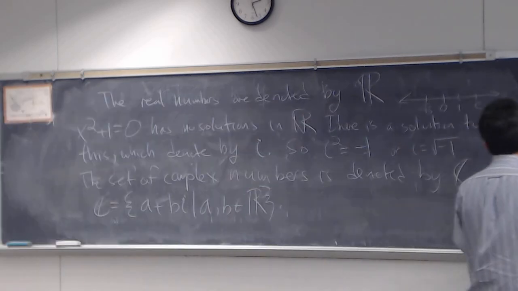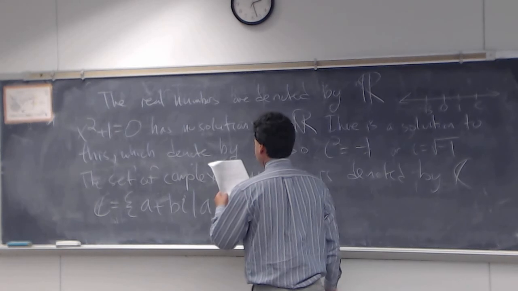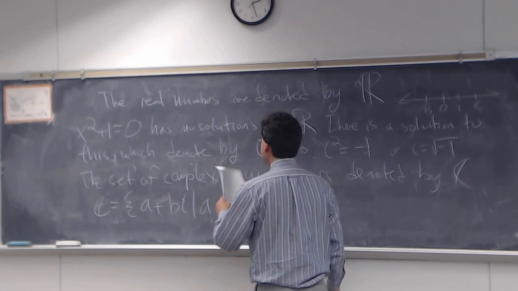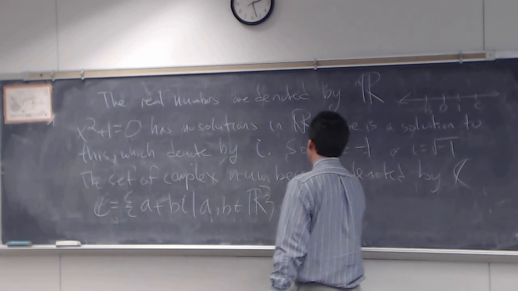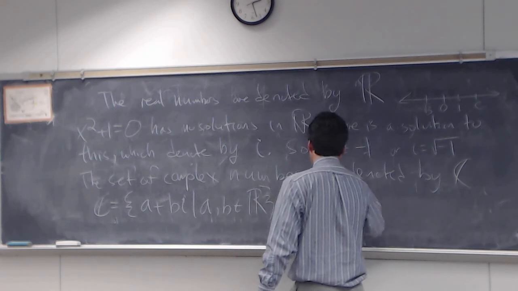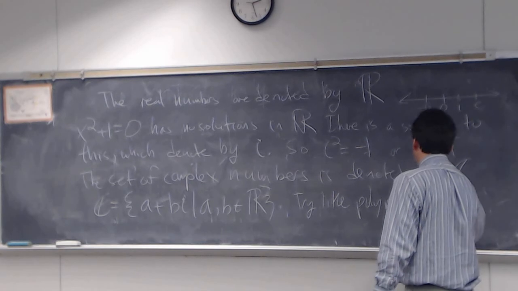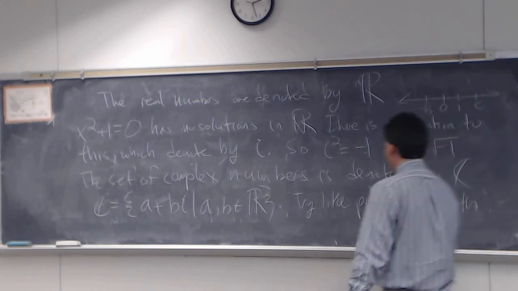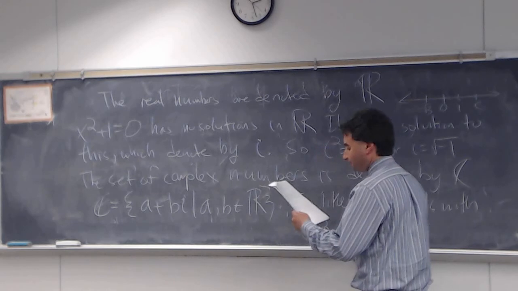So how can we add numbers? We use the regular properties, sort of treat them like polynomials with i squared equals negative 1.